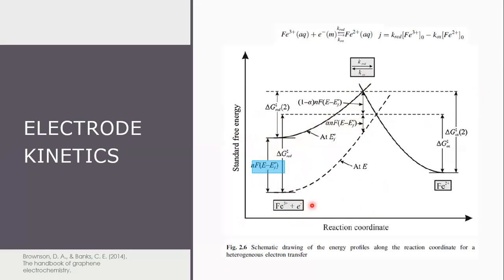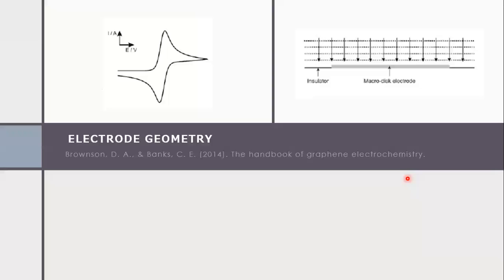So your reactant easily undergoes transition into the transition state, and then your product is formed. So it decreases the amount of activation energy that is required to transform your reactant into product.